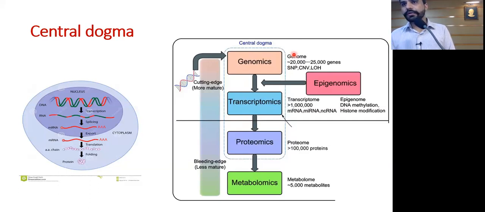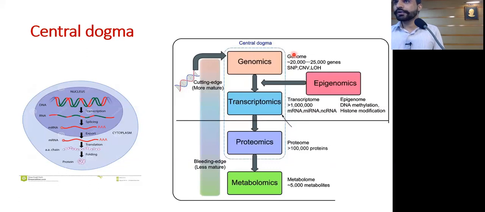What is encoded in the DNA is transcribed in the form of RNA, and that RNA gives rise to a protein, and protein gives rise to a phenotype that we can see. Traits of a cell or an individual. So you have heard about the central dogma of molecular biology, that is DNA is transcribed into RNA and RNA is translated into a protein.